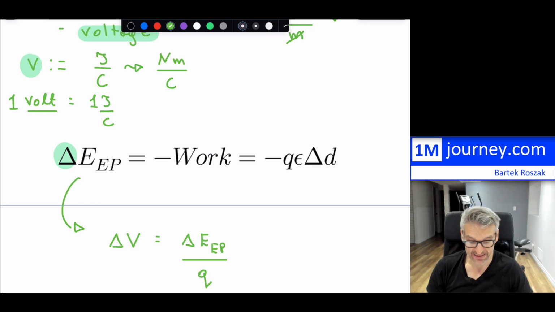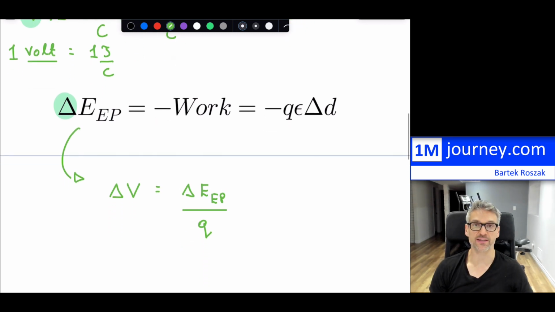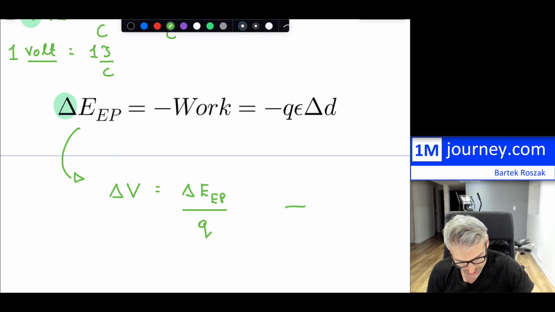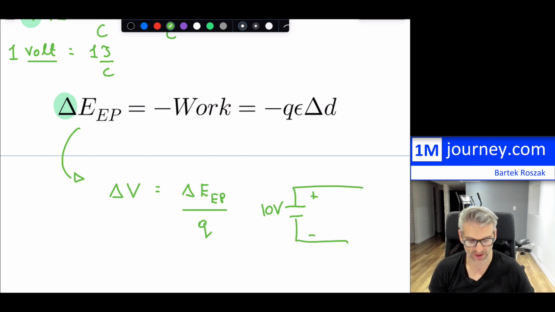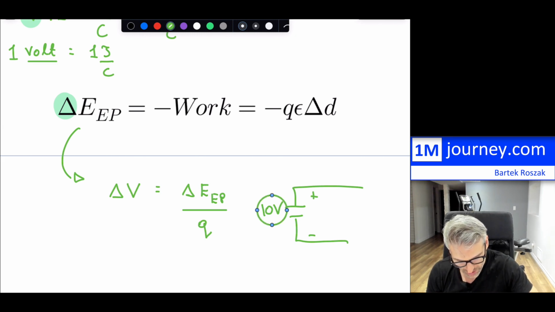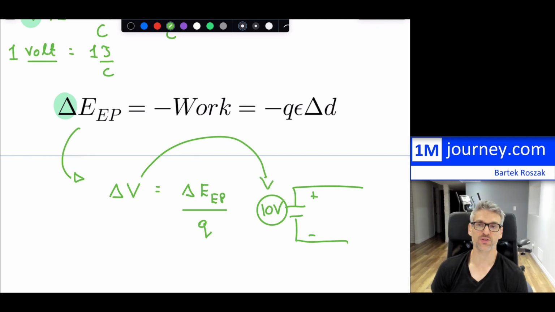And in fact, when you are studying circuits, let's say you have a battery, and this is 10 volts. As you have a plus and a minus within here, this 10 volts, this voltage, really is the change in voltage.